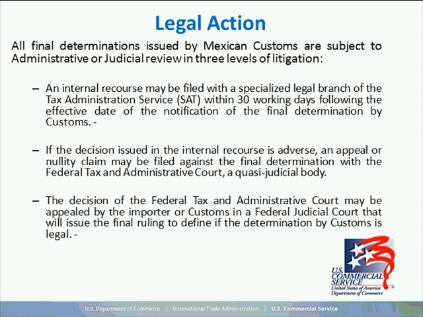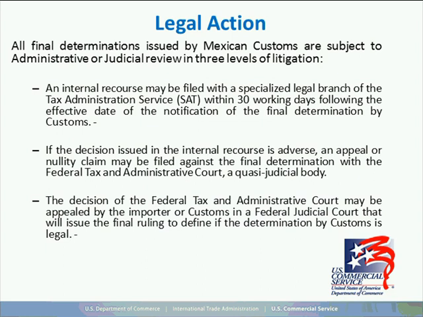The drawback is it's the same tax administration which is issuing the final determination in the internal recourse. So many times they just confirm what Customs determines in their final ruling. So it all depends on the specific case when it's a good idea to go through this internal recourse.